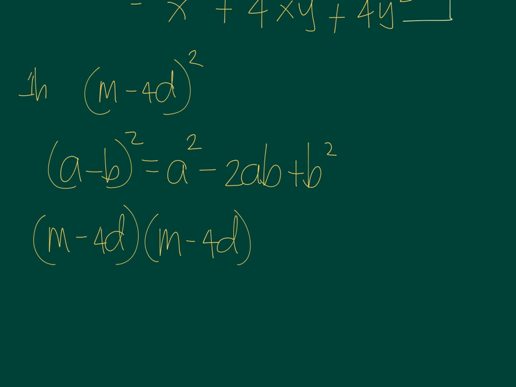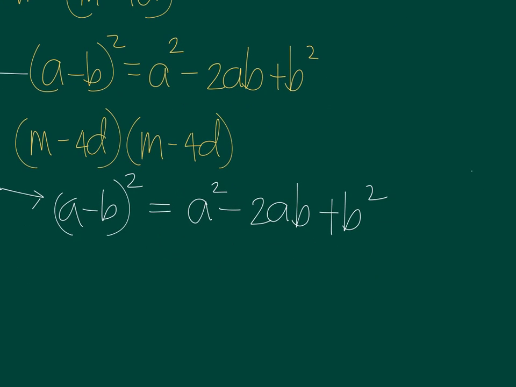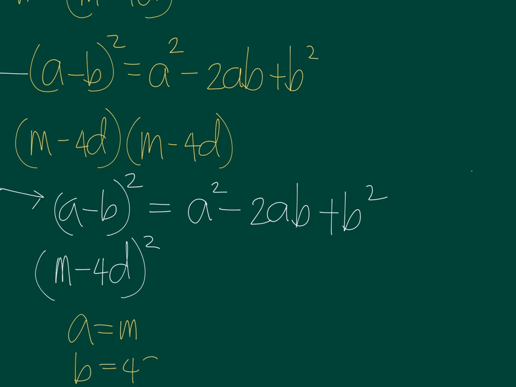But let's apply the more direct method. (a - b) squared is equal to a squared minus 2ab plus b squared. So if I have (m - 4d) squared, look at this: your a is m, your b is 4d.